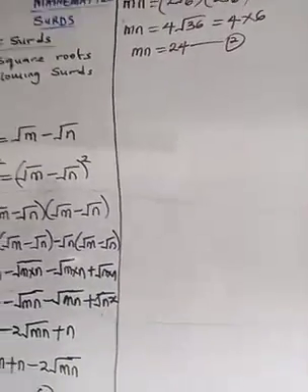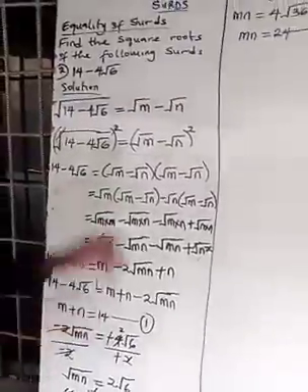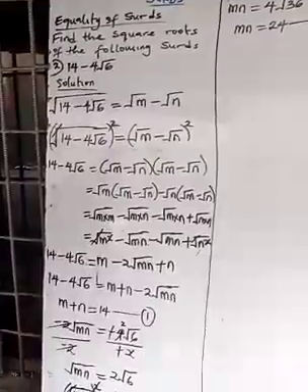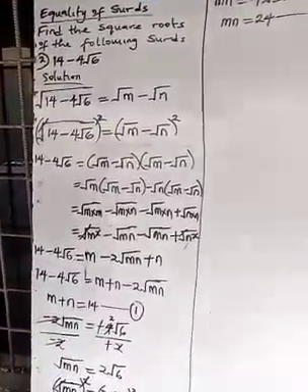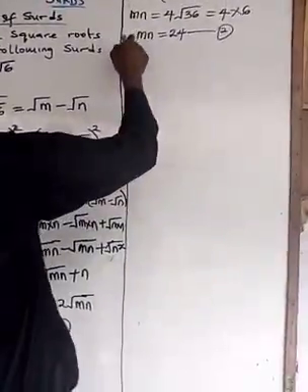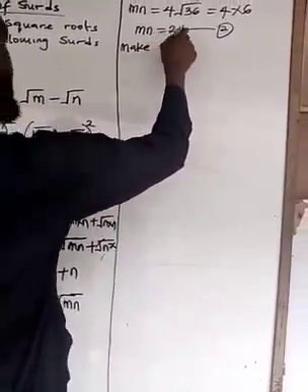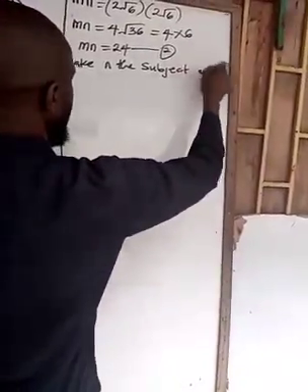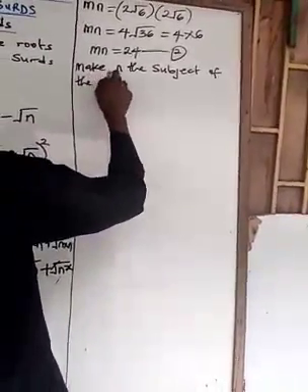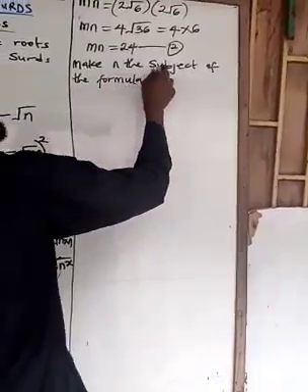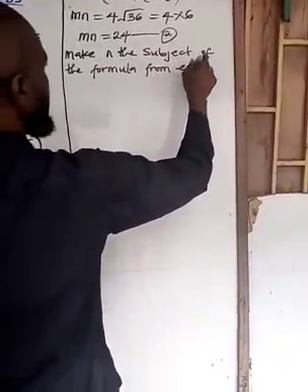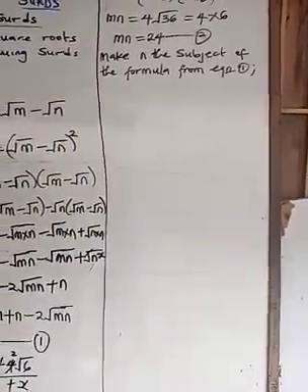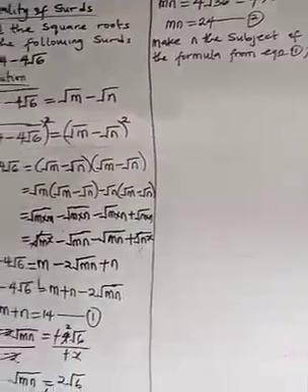So that's equation 2. We have equation 1, one linear and one quadratic. So we can make any letter, whether m or n, the subject. Let's make n the subject of the formula from equation 1.